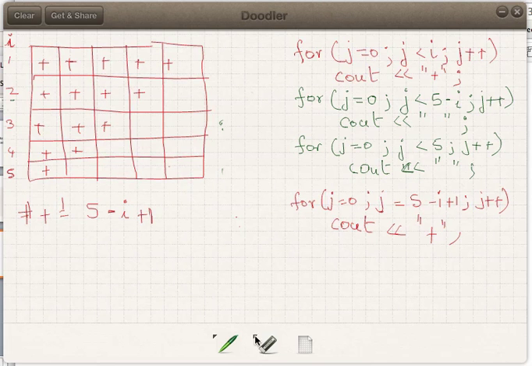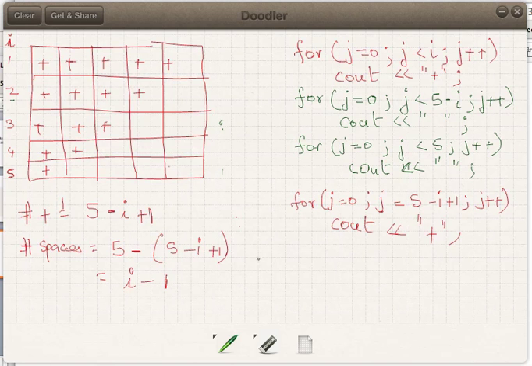How do you work with the number of spaces now? What is the formula? Here the number of spaces uses the same formula as before, where maximum is 5 and the number of pluses is 5 minus I plus 1. That translates into I minus 1.